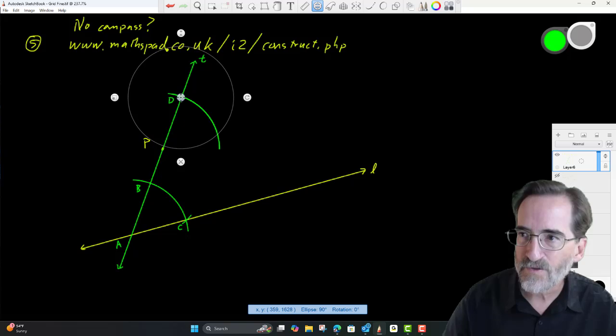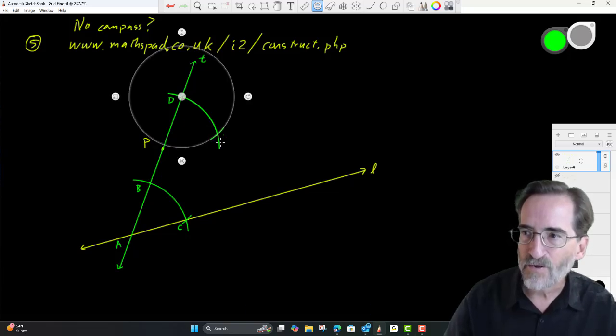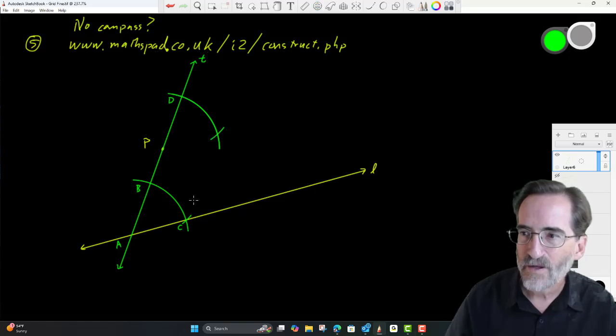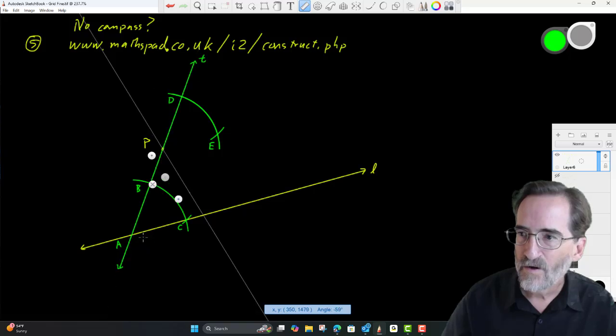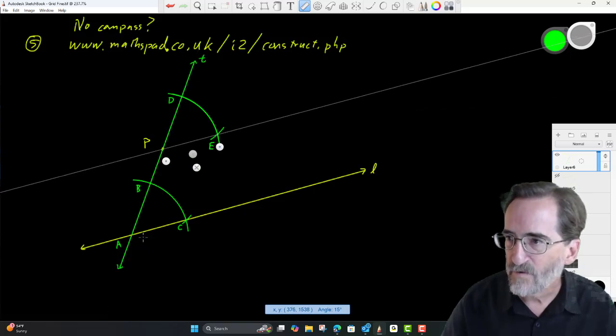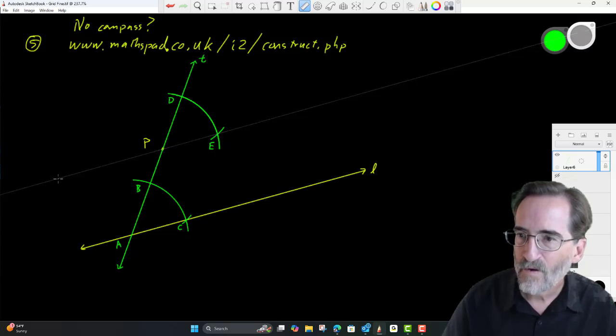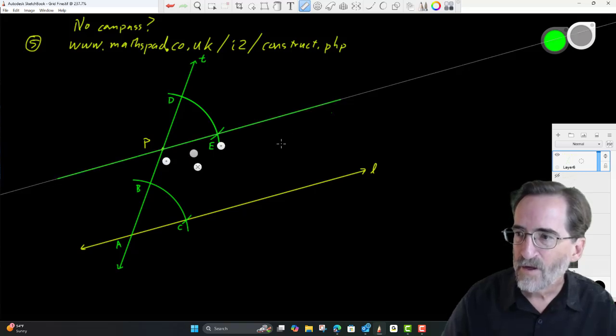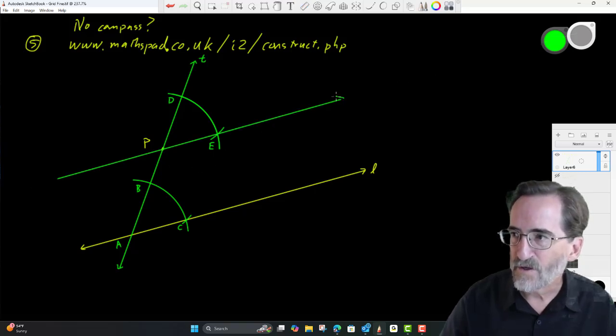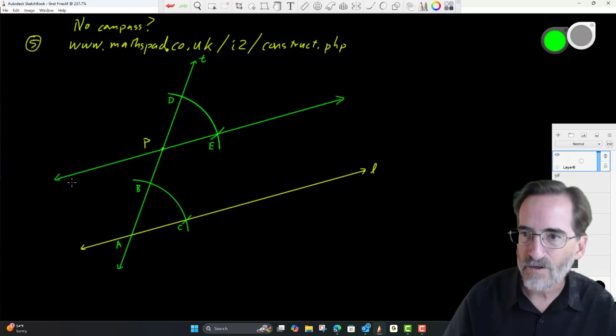So keep the compass set the same size and draw an arc that intersects that arc. Label the intersection point E. And now I should be able to draw a line through P and E. Okay, and that's going to be parallel because the corresponding angles are congruent.